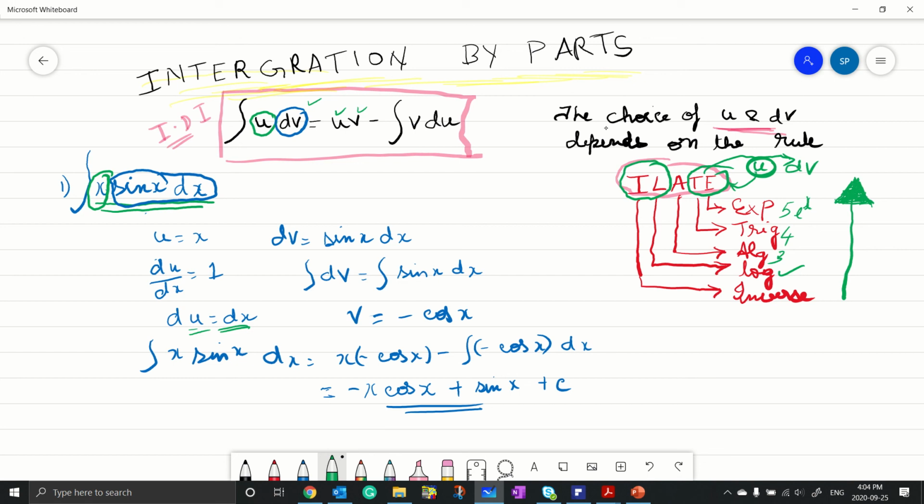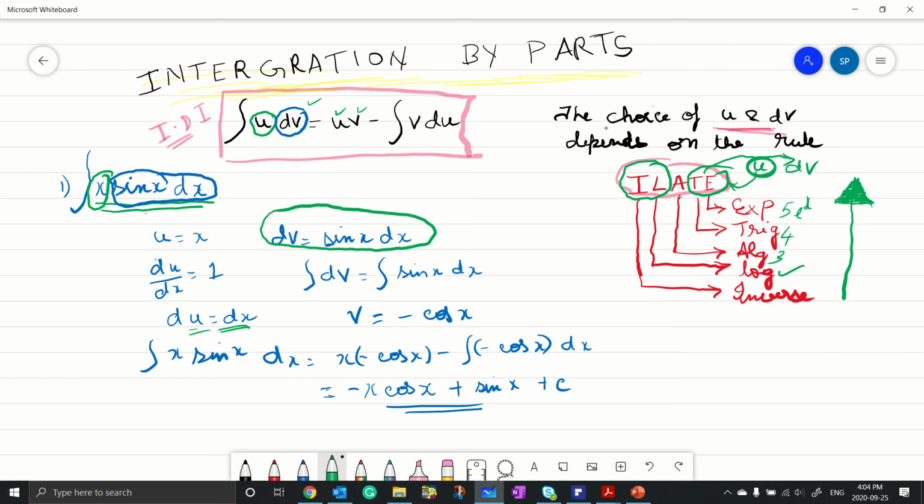To find v, you take dv as sin x dx and integrate it, or take the antiderivative of it. Integral dv is equal to integral sin x dx.